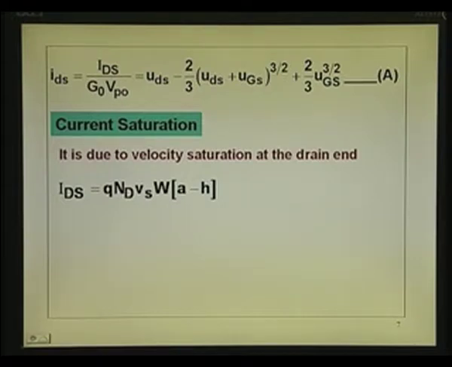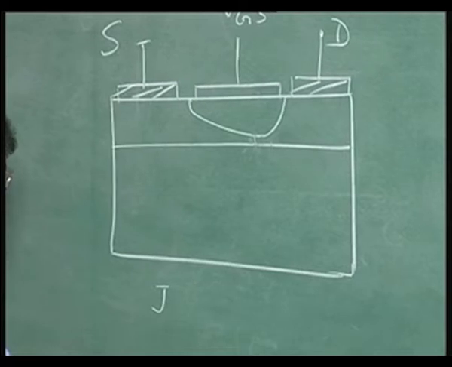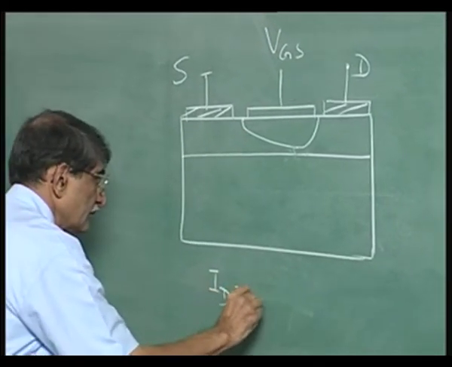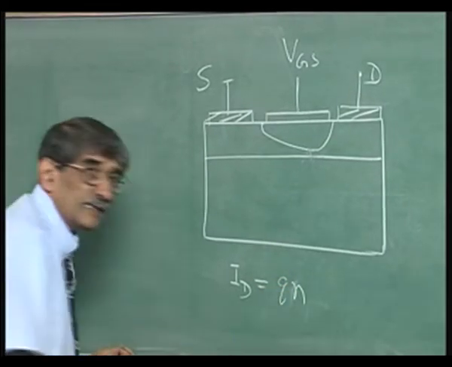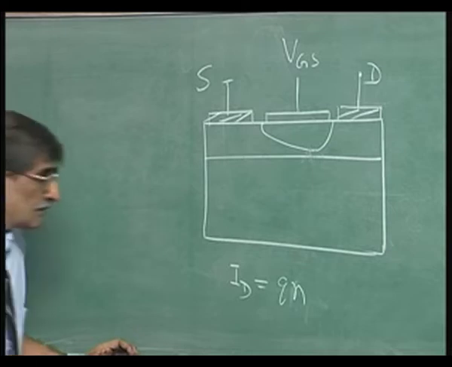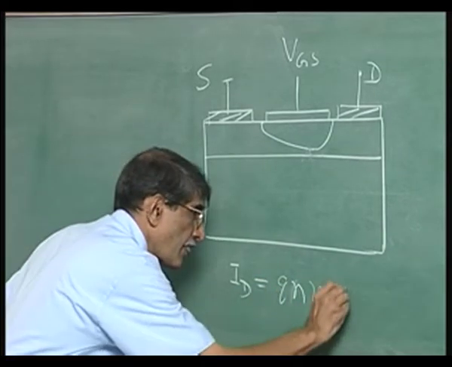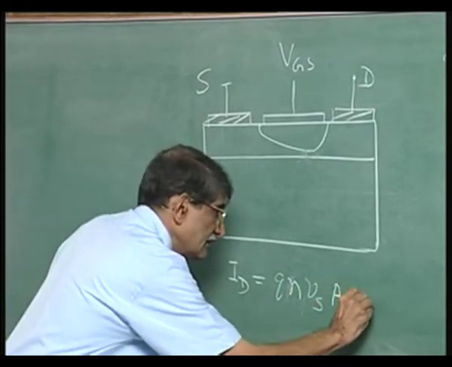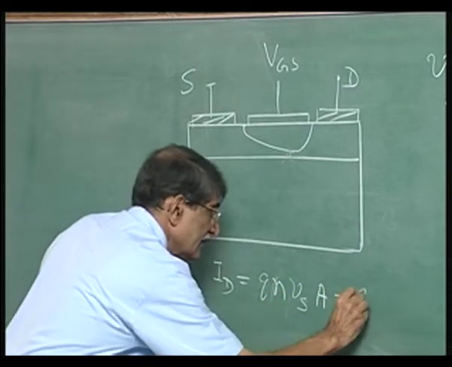Okay. And what is the current actually? J or ID is equal to Q, n carrier concentration, into velocity saturation into area. This I am writing it as, what is n?